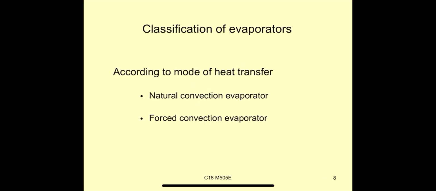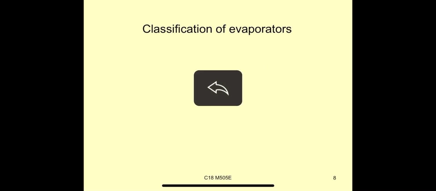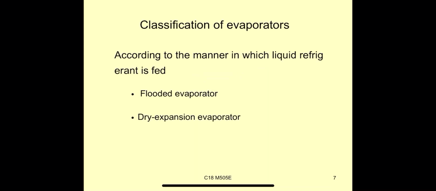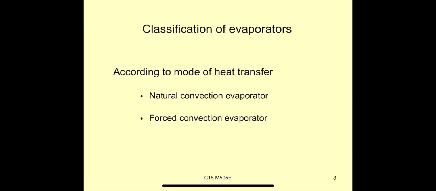So according to the liquid refrigerant feeding, the evaporators are of two types: flooded evaporator and dry expansion evaporator. Based on the mode of transfer of heat, one is the natural convection evaporator and the other is the forced convection evaporator.